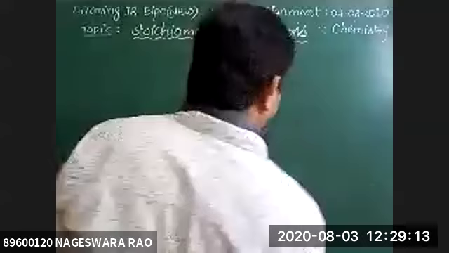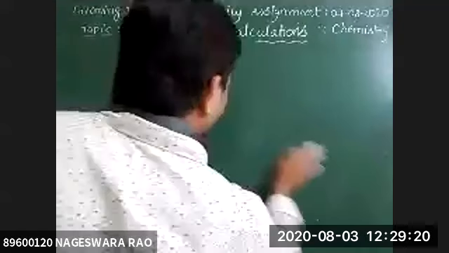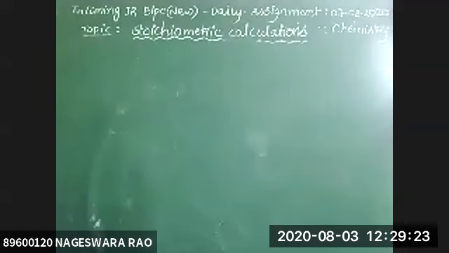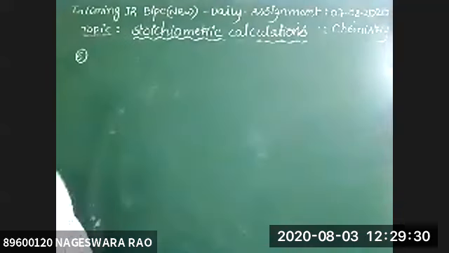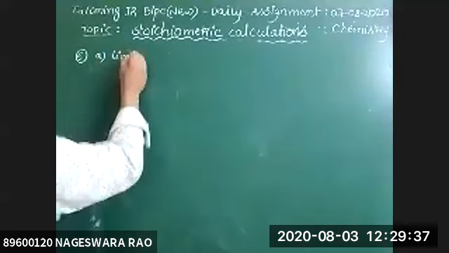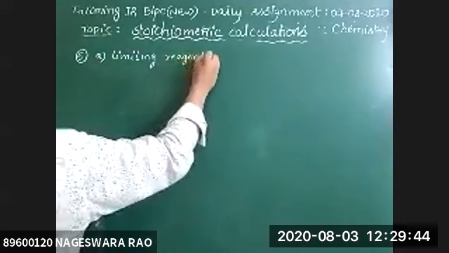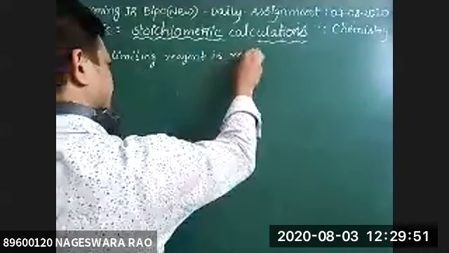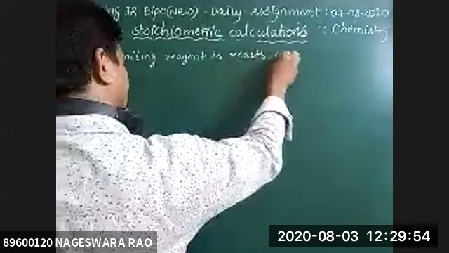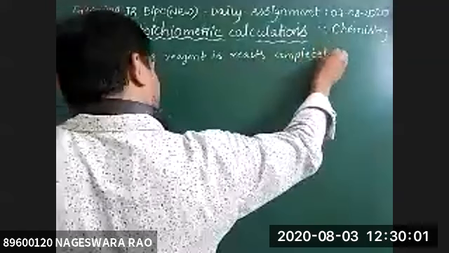Statement type questions. Question number 5. Statement A: limiting reagent is reacted completely in the reaction.